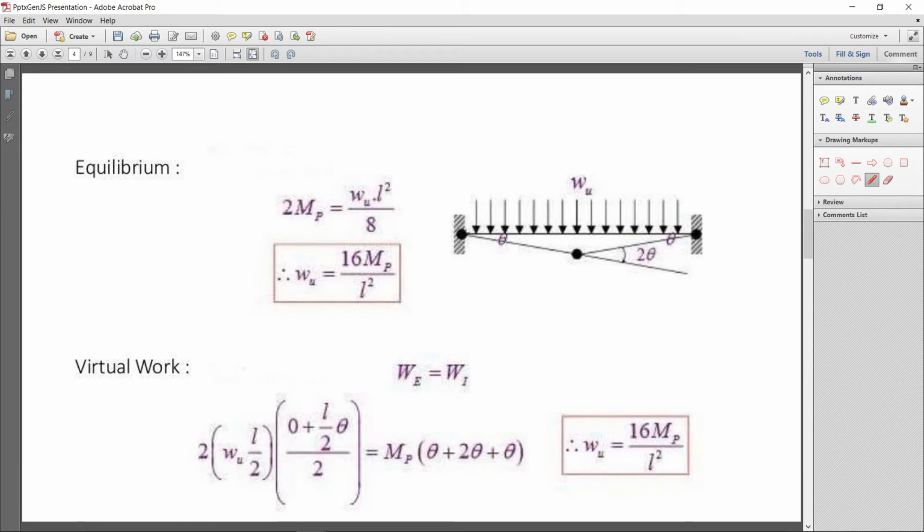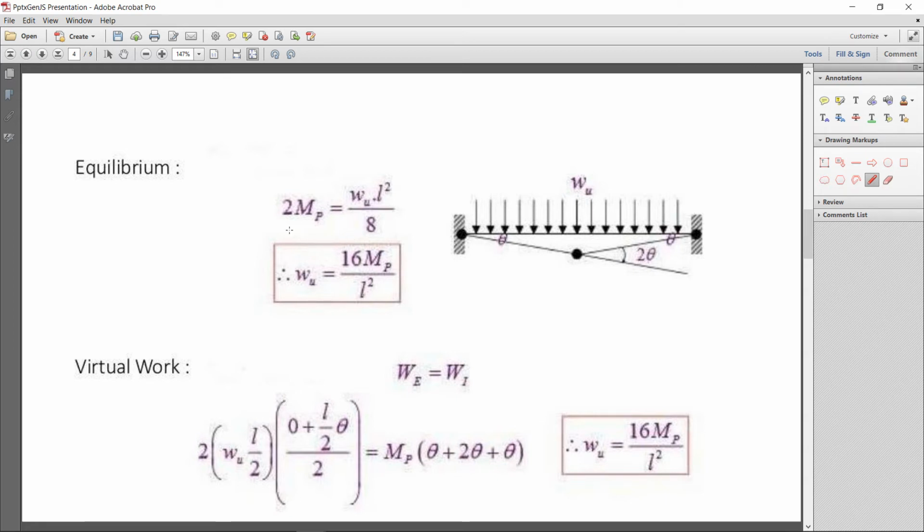After the formation of plastic hinges at the supports, this will act as a hinge, this will act as a hinge, then the moment will transfer to the center, and the maximum bending moment diagram will get wL square by 8 equal to 2 Mp, because that is after the formation of plastic hinges at the supports and at the center. Hinges form two times, first at the supports and second at the center.